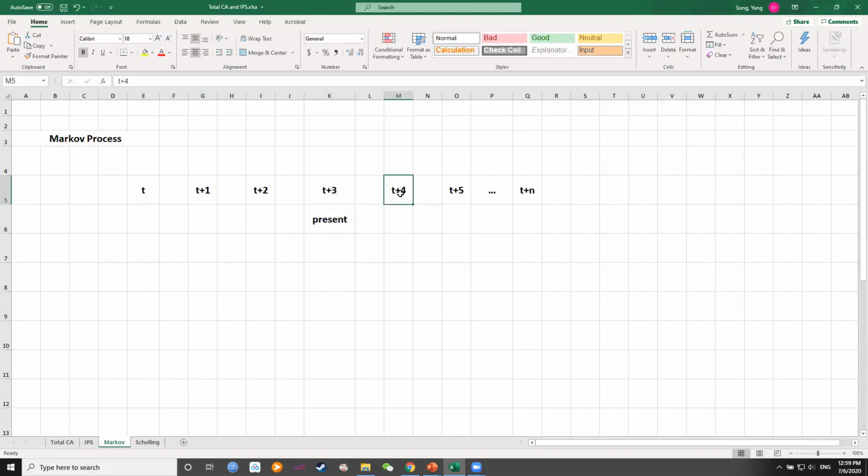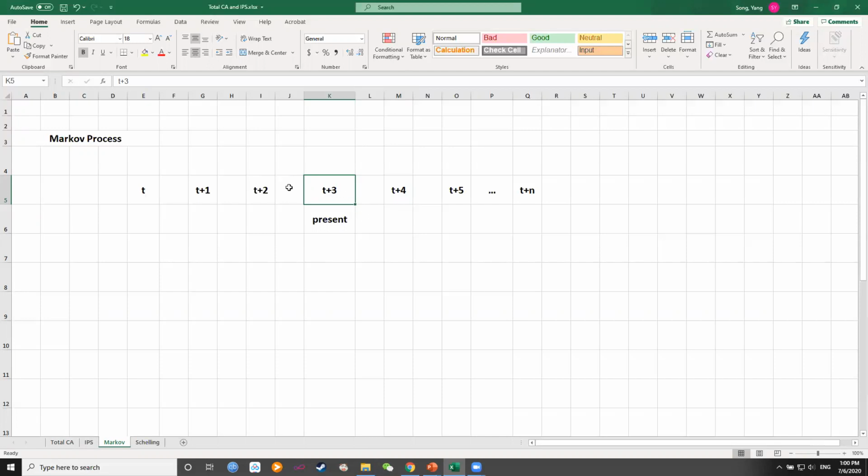The state at t+4 is only decided by t+3, but not affected by any other historical time point. And of course, it also has nothing to do with the future. It is only decided by the history one tick before.